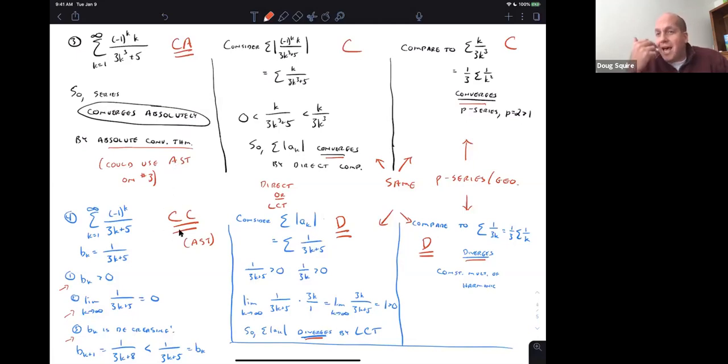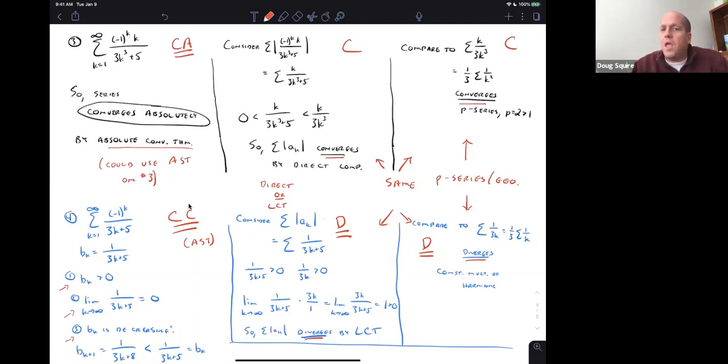Technically, the answer to that is no, but every time that you should be doing the alternating series test, it's going to converge conditionally. If you choose to do the alternating series test on problem 3, it would converge absolutely, but there would have been no need to do it. Does that make sense?